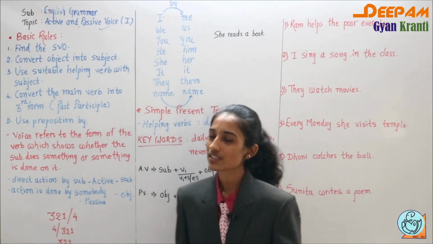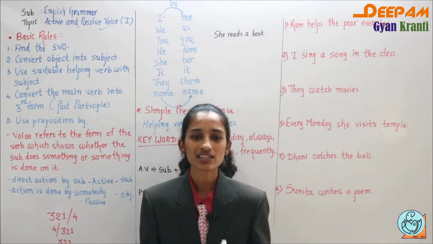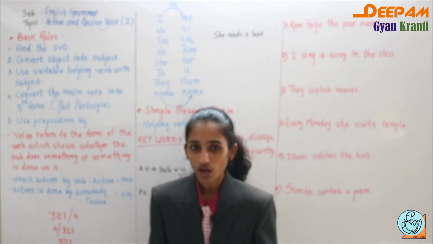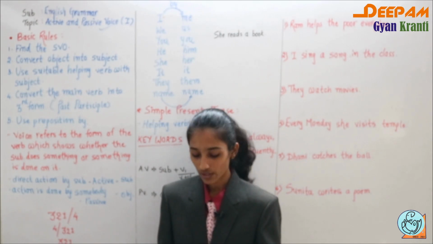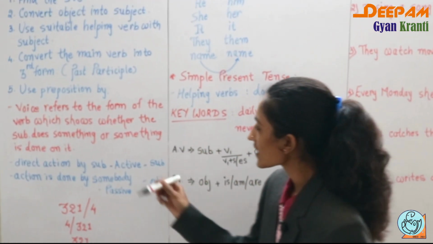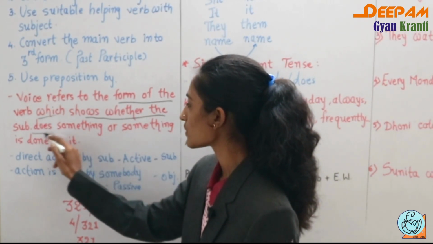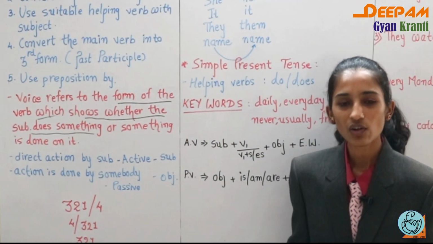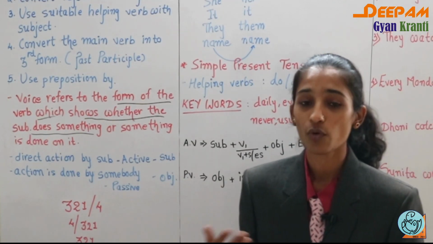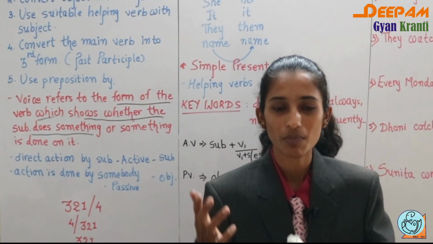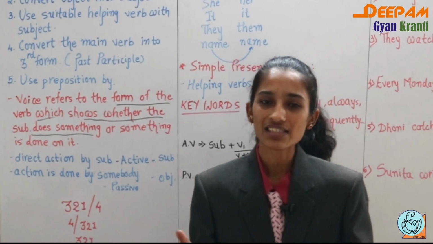Before we start active and passive voice, let's first know what voice is. Generally, voice refers to the form of the verb which shows whether the subject does something. It is not like voice means I am speaking right now, so my voice is low or high. No, it is not like that.